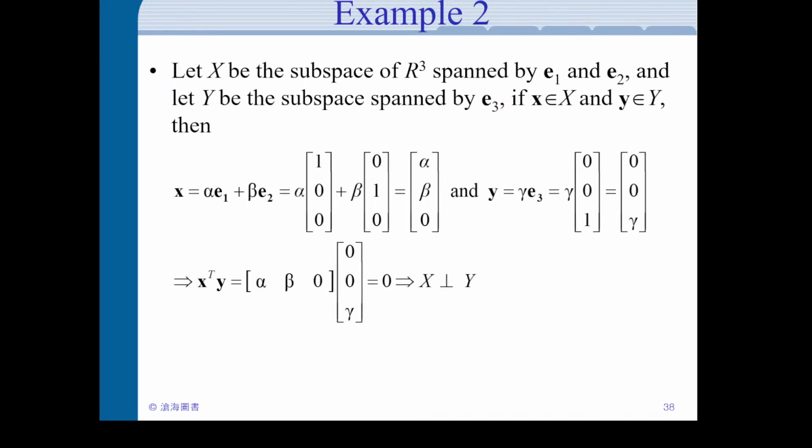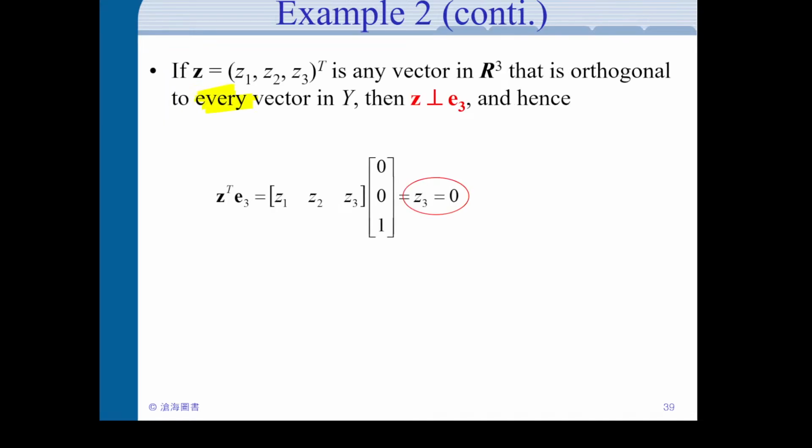So the difference is here. In the previous slide we said being on the z-axis is a sufficient condition to be orthogonal to the xy plane, and here we are thinking about necessary. This is hard.